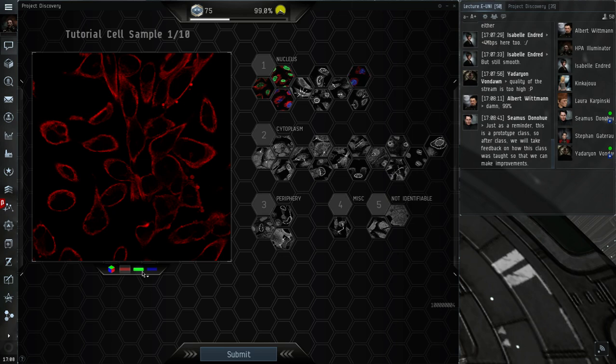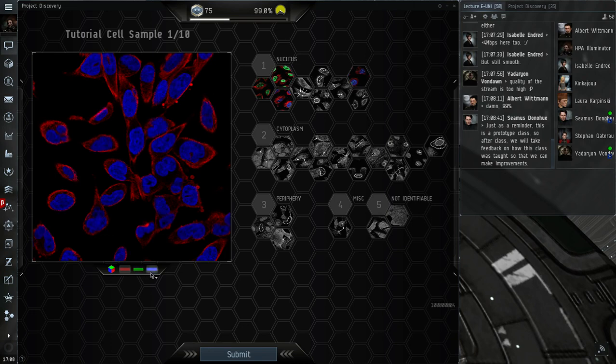It's kind of like a railway which is transporting things around the cell. The blue channel is a marker for the chromatin or the DNA. So all images will contain the same red and blue markers, but the degree will differ from image to image.